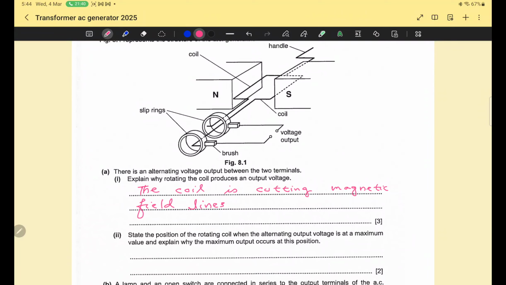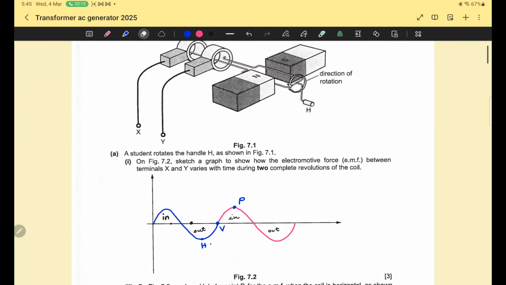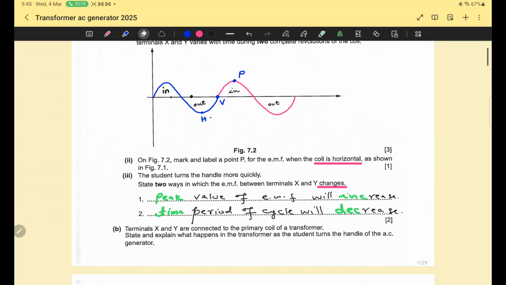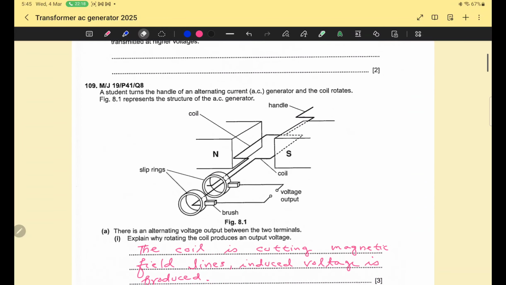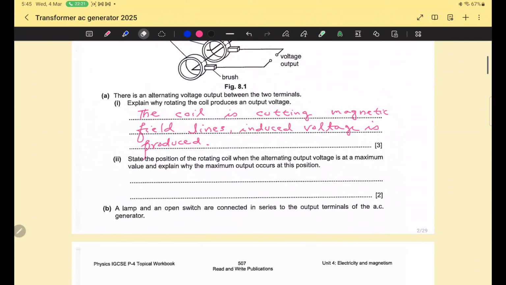And we have studied when a coil or when a wire is cutting magnetic field lines, then induced voltage is produced with changing. So it is an extra word which I should not write. So the voltage direction will be changing and its value will also be changing because we have discussed this graph showing that the direction is changing as well as the magnitude is changing.